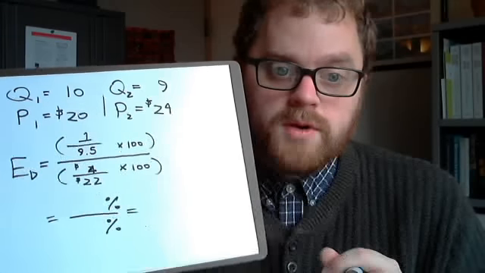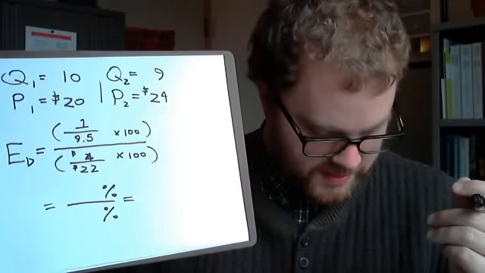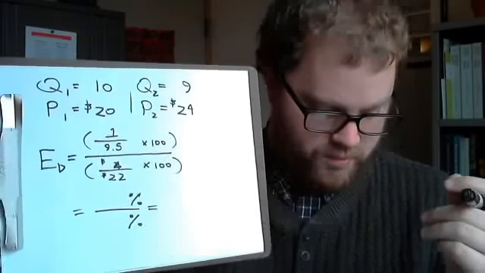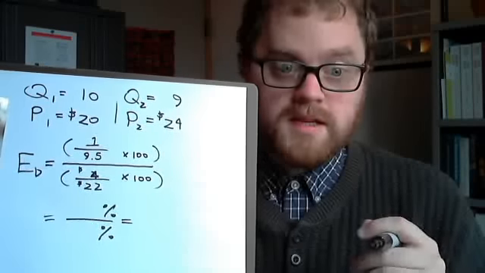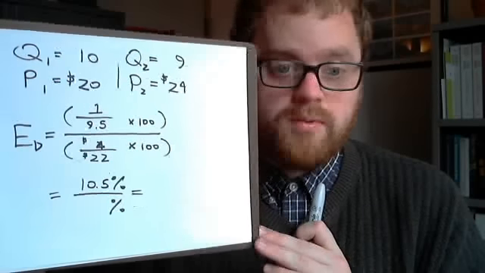Okay, so let's go ahead and put those values down here. 1 divided by 9.5 gives us, let's see, a value of 0.105, so that'll be 10.5%, just dividing 1 by 9.5.